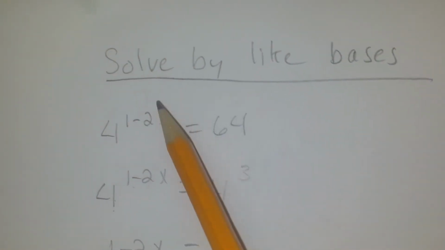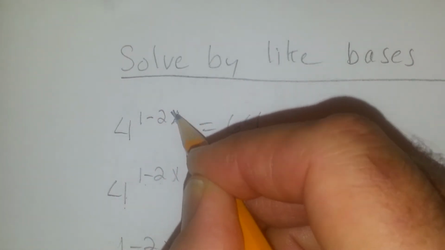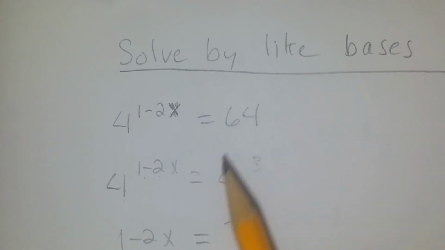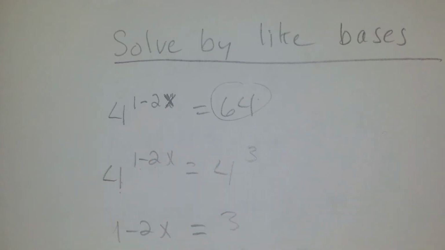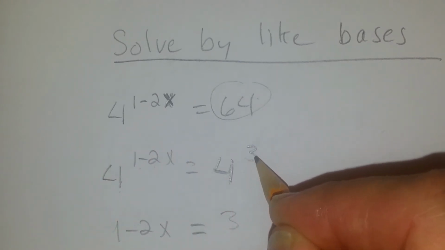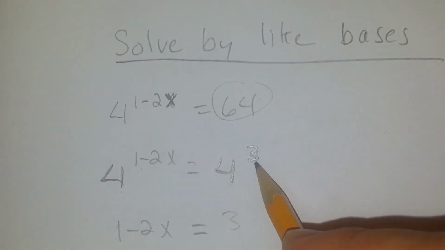Here I've got 4 to the 1 minus 2x equals 64. Well, let's rewrite 64 so it's the same base. This is something you guys are going to just have to know, your factorizations, but 4 to the third power is 64.